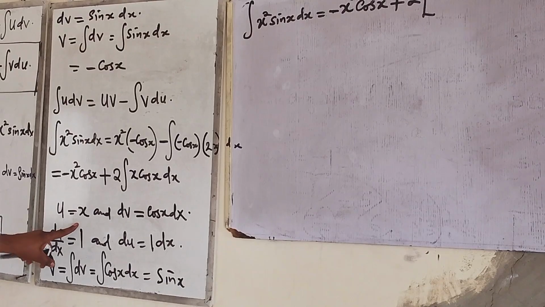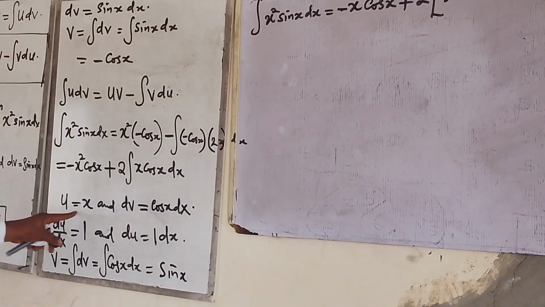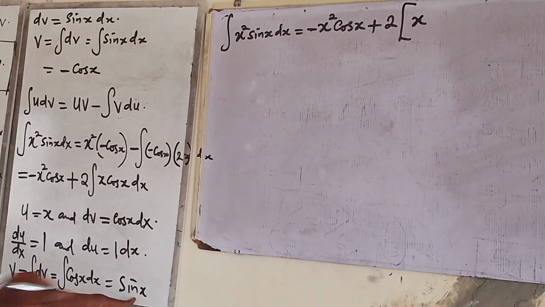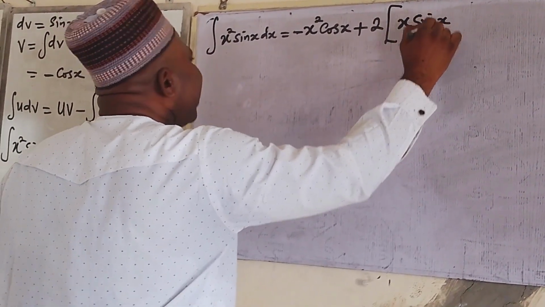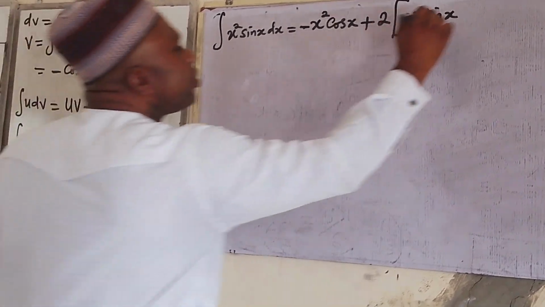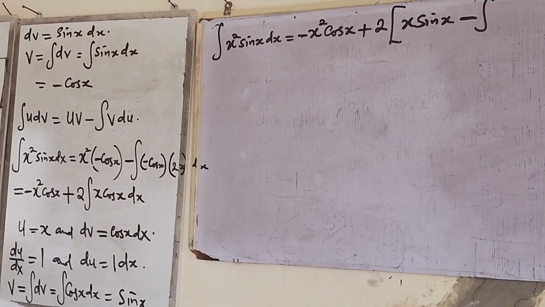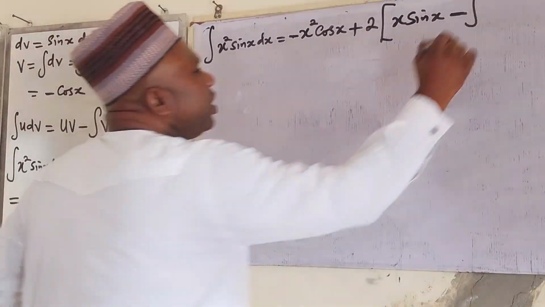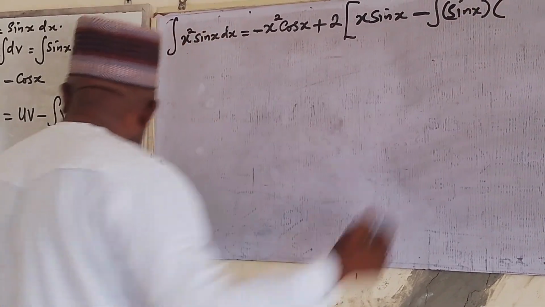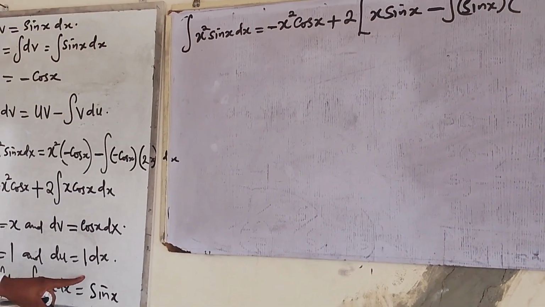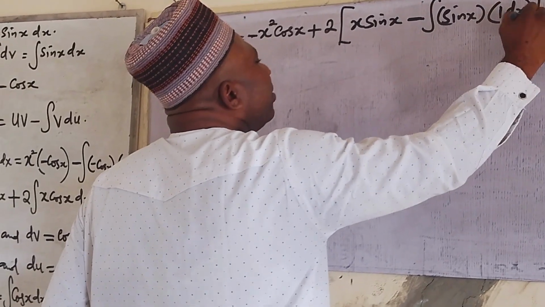And here our u this time is x, and our v is sine x. So we have x sine x, then here we have minus integral v du. And remember our v is sine x. So here we have sine x, then we have du. Now du is 1 dx. So here we have 1 dx.